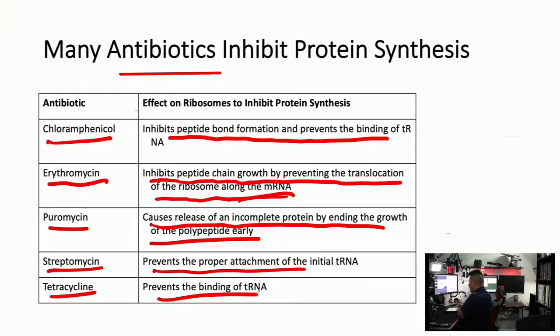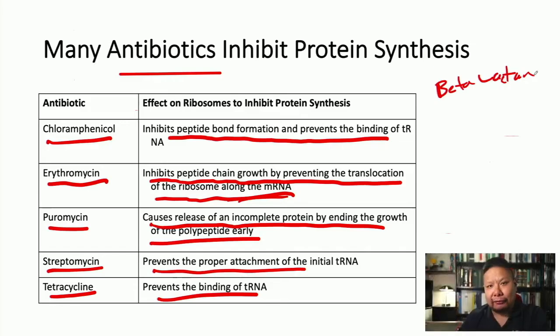Now these are different antibiotics than what we talked about before, which are the beta-lactam antibiotics, right? Beta-lactam, right? And those were the antibiotics that had the 5-membered ring that was kind of unstable, or 4-membered ring that was kind of unstable, and it would actually prevent the formation of the bacterial cell wall, right?